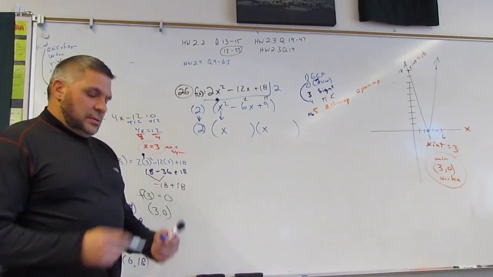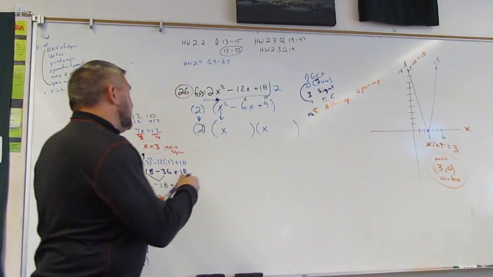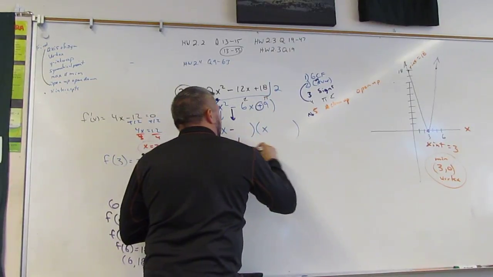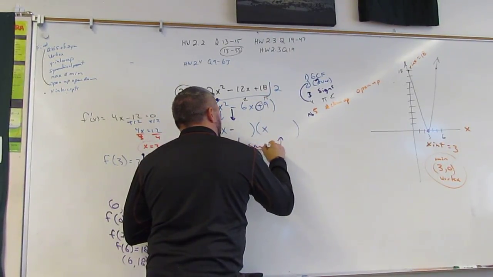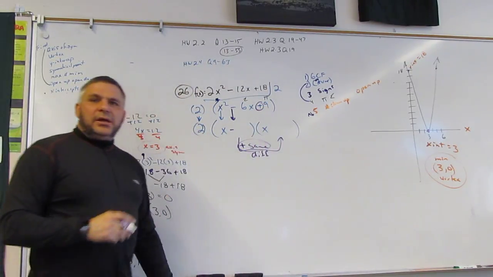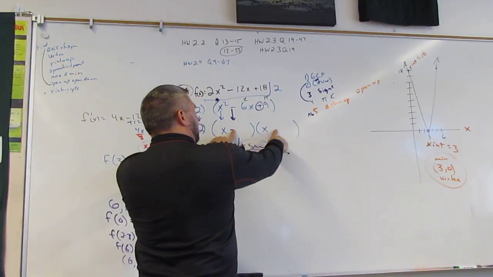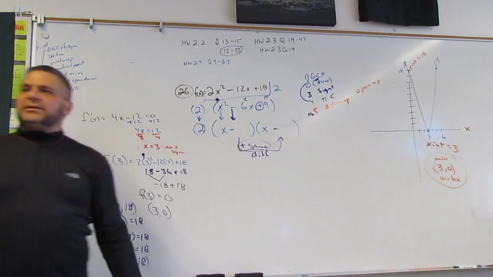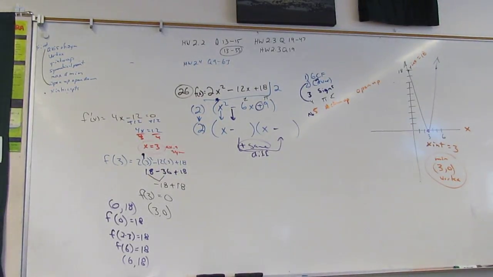And then our signs say that this sign comes down and this sign tells me if these signs are the same or if they're different. If this is a plus, that means they're the same. So that means that these two have to be the same. If this is a minus, this has to be a minus. It's about same or different.